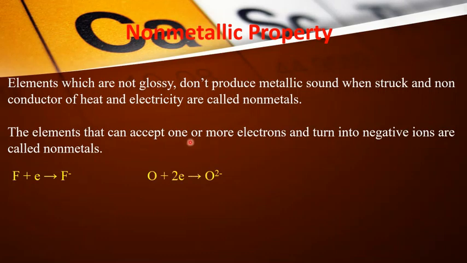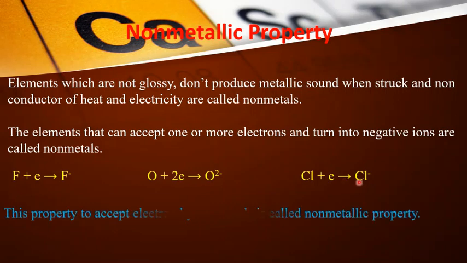Oxygen accepts 2 electrons and becomes oxide ion, O2-. Chlorine accepts 1 electron and becomes Cl- chloride ion. And this property to accept electrons by non-metals is called non-metallic property.